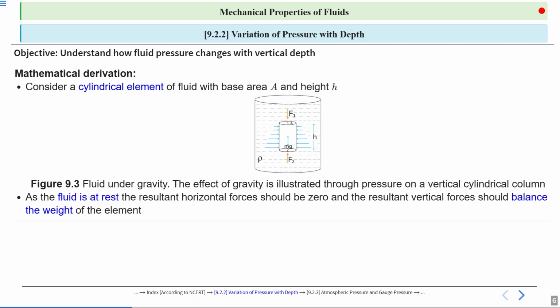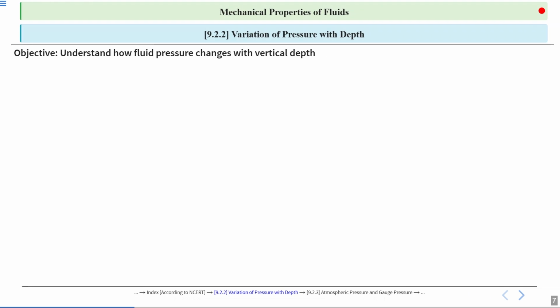As the fluid is at rest, the resultant horizontal forces should be zero and the resultant vertical forces should balance the weight of the element. Now, let's start by considering the forces acting vertically on a fluid column. So, for equilibrium, these forces must balance each other.